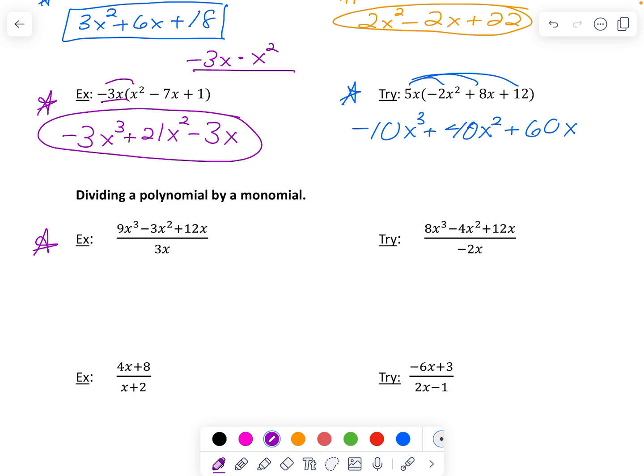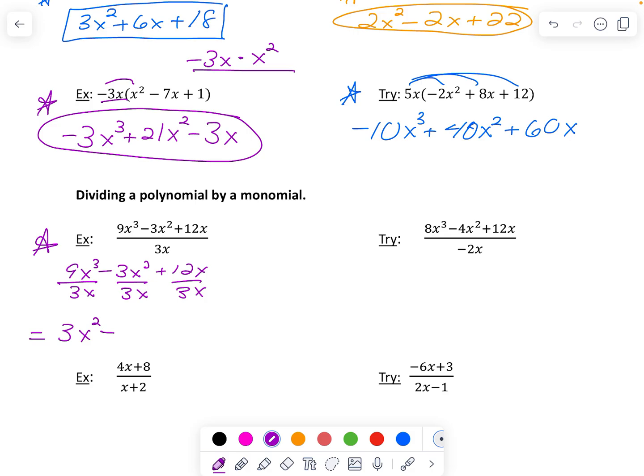So when we do that, we could write it this way, and we're going to write 3x under every term because that is essentially what we're doing. We have to divide each term by 3x. Well, we did this last week, right? 9 divided by 3 is 3. Remember, x to the third divided by x is x squared, subtracting the exponents.